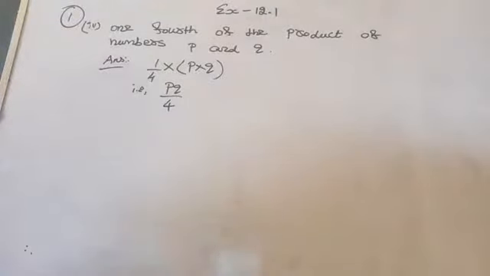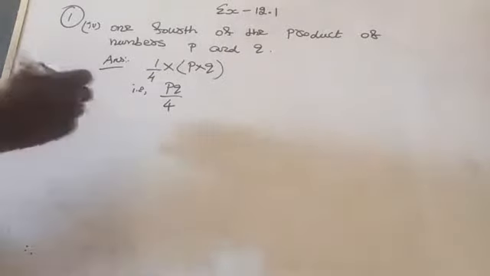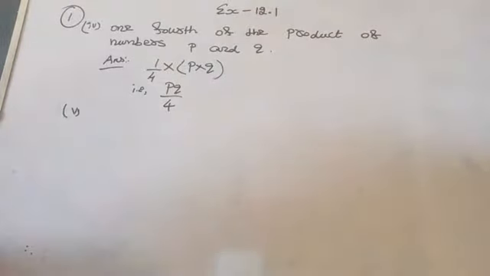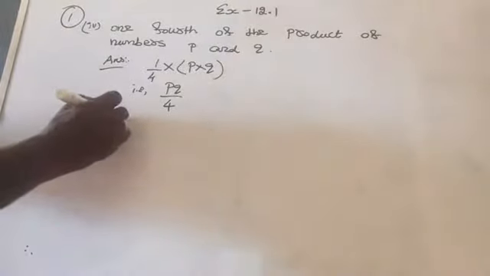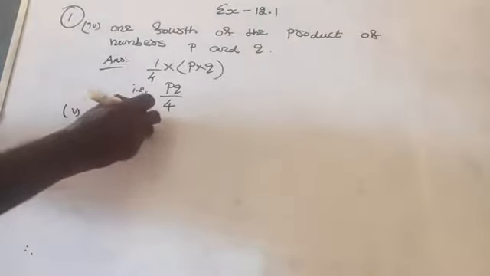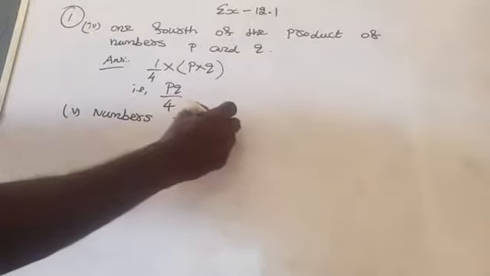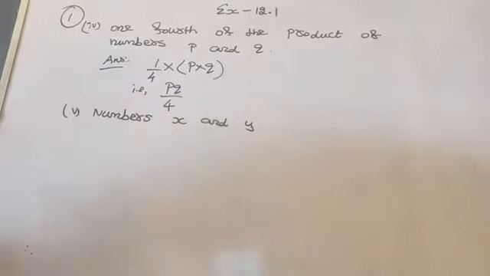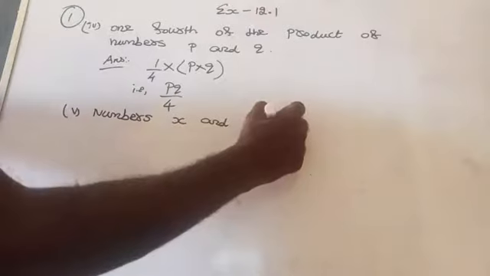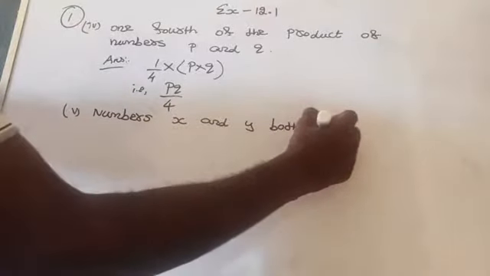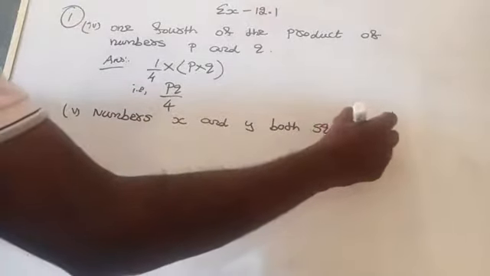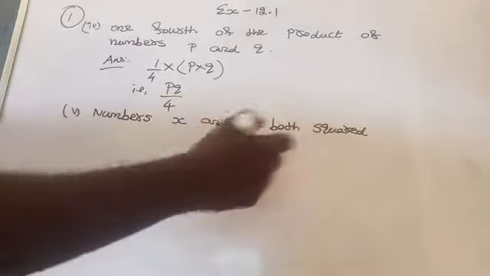Then the fifth part of the question is: numbers x and y both squared and added.